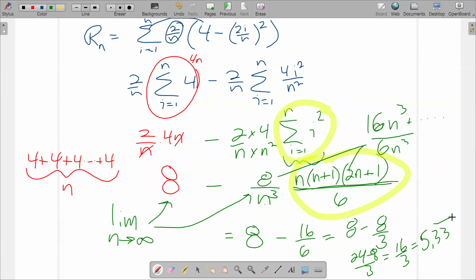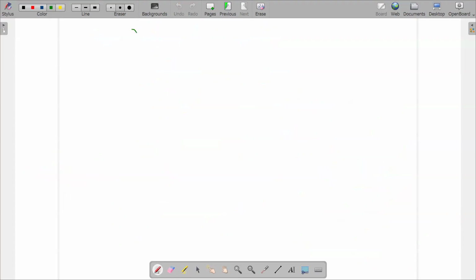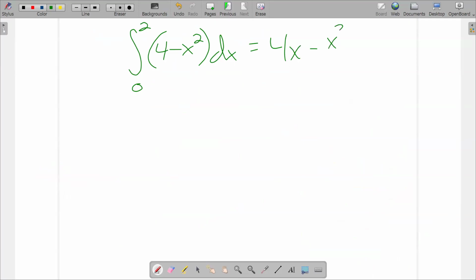Alternative: the Fundamental Theorem of Calculus. Antiderivative. Integral from 0 to 2 of 4 minus x squared. Antiderivative for 4 is 4x. Antiderivative for x squared is x cubed over 3. Reminder, that's from 0 to 2.